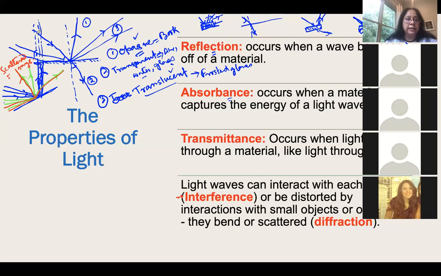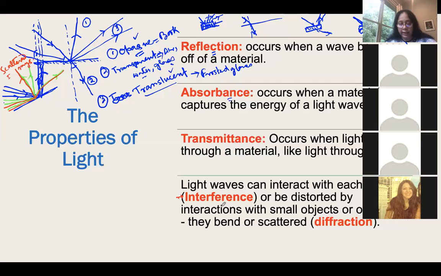You can extend these rays all the way up to infinity and they will not merge. But when they are scattered, it means they are not following the scientific wave pathway. They get distracted, and that's when they are scattered. So if light is scattered, then it can interfere with itself. And this property is called the interference of light, okay?